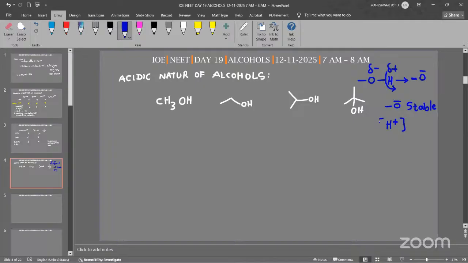All of this is clear? So acidic nature depends upon the conjugate base formed after releasing the proton.